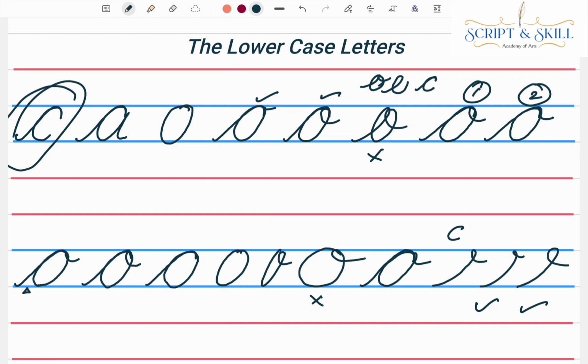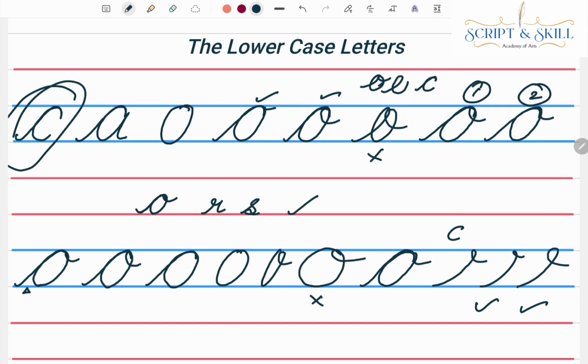And practice all these letters. Be conscious of how you write the letter O with other letters. It's a bit tricky because you start from the baseline, but this is a letter that doesn't end in the baseline. It just floats on top. So connecting this letter with letter R and letter S will be a bit tricky, because every letter starts from the baseline.